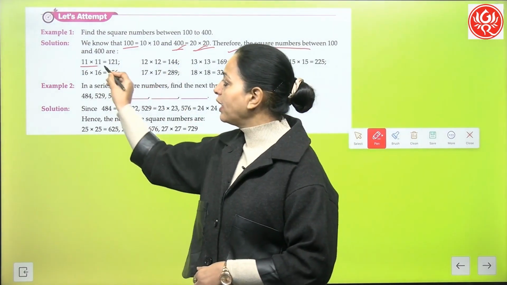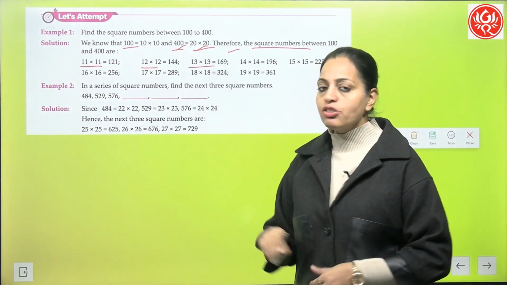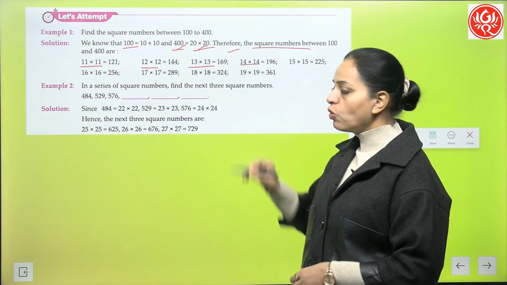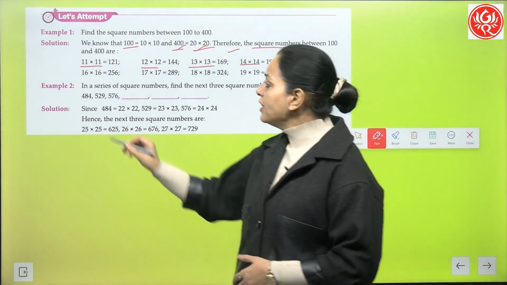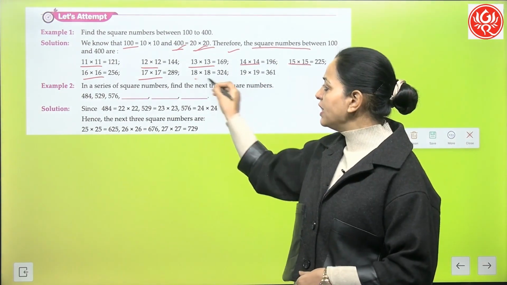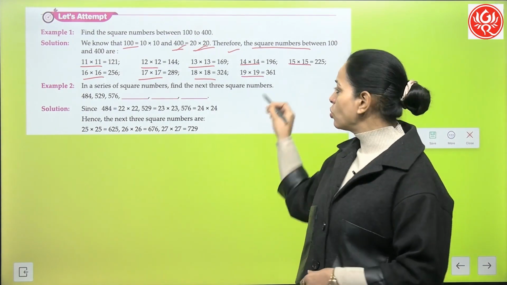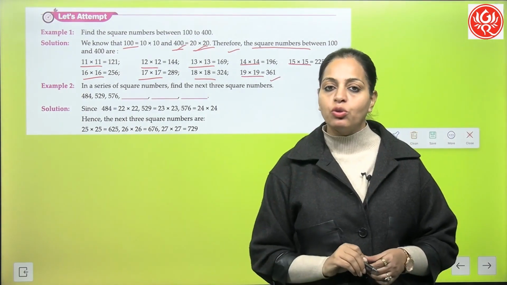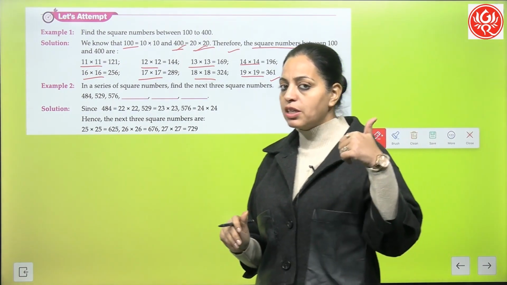After 10, what will we take? 11 into 11, 12 into 12, 13 into 13, 14 into 14, 15 into 15, we keep multiplying, 16 into 16, 17 into 17, 18 into 18 and 19 into 19. So till this you have to write. Okay, I hope this is clear to you. Show me your thumbs up.